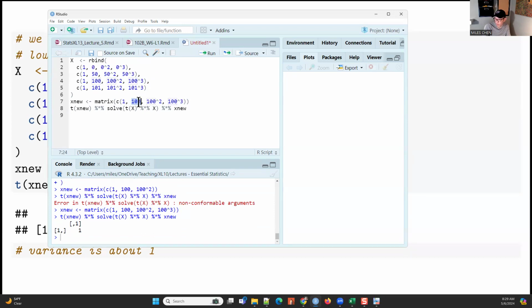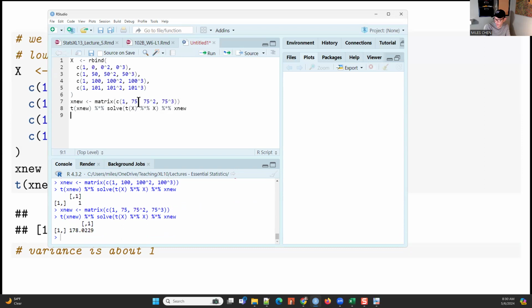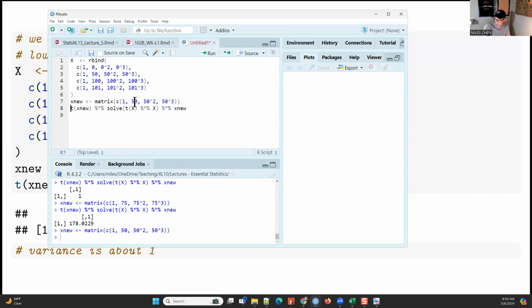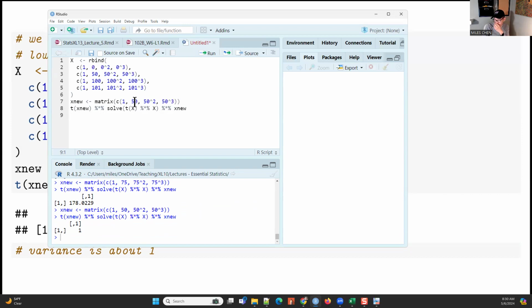But I think if I try to bring in something like 75, an observation somewhere where we haven't seen, we get quite a bit of variance. Bringing in points near where I've seen, around say 50, the variance is only around 1. I think 25 is going to reflect something similar to 75, quite a bit of variance.